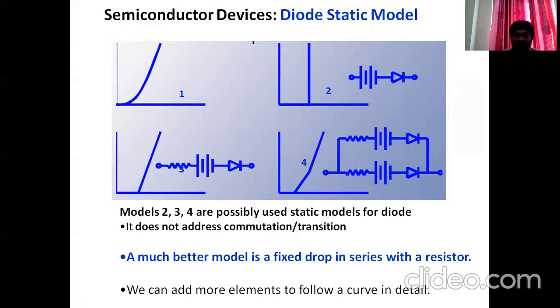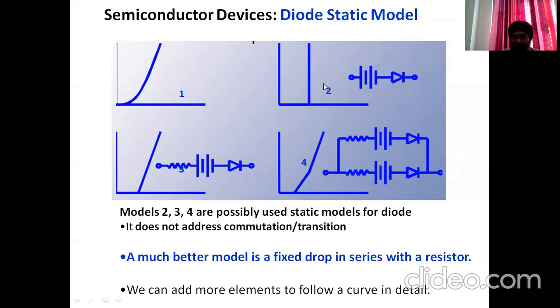But when we use these diodes in computer-based algorithms or designs, we need to model these diodes as close as possible to the actual physical diode. So depending upon the applications, low-end or high-end, low-end means a rough approximation of a diode.